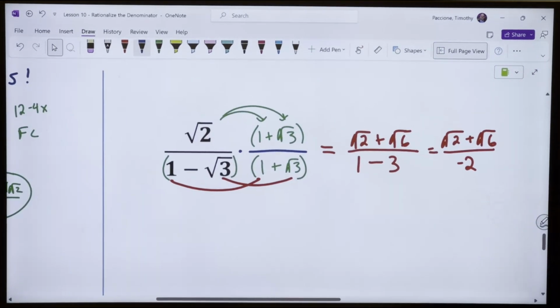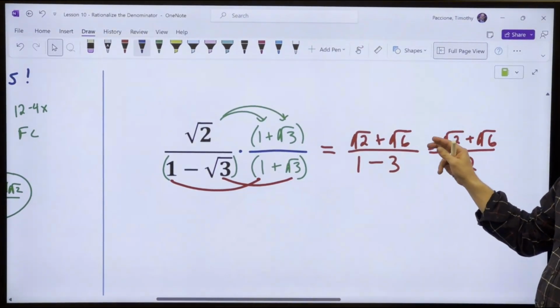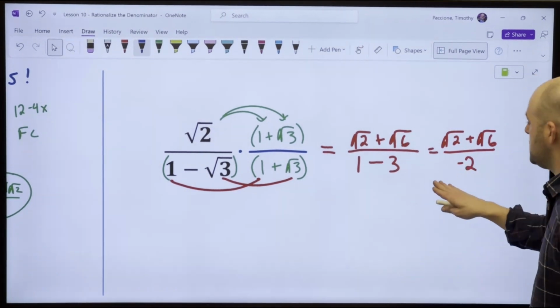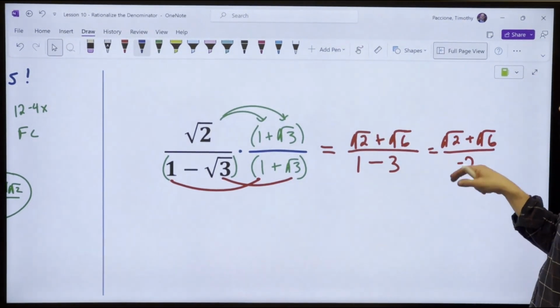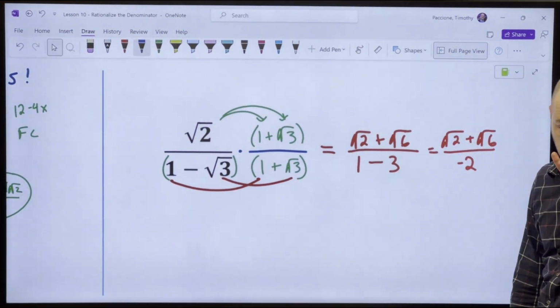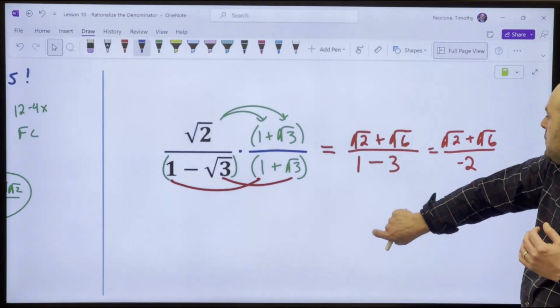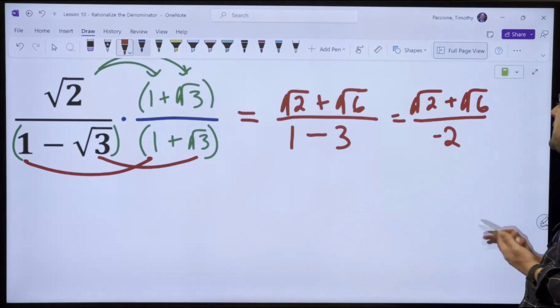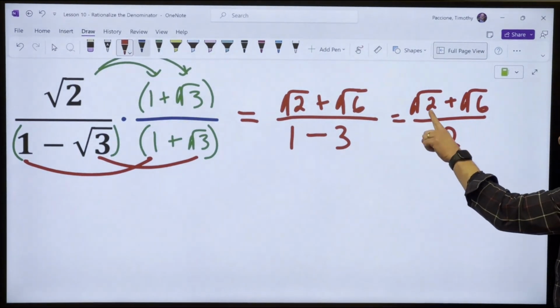Now, I will say on your homework, the answer key, they like to move the negative up top. They like the negative in the numerator. So they just make this positive and flip all the signs up there. If you see that, that's all they're doing. I don't expect you to do that. Does that mean that we would have to simplify again because it's a radical? Well, there's nothing that can be combined here because these are different radicands.